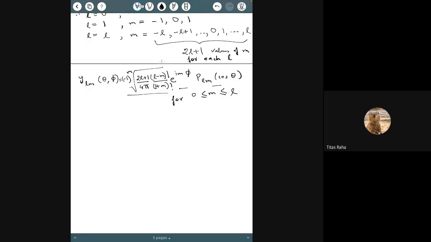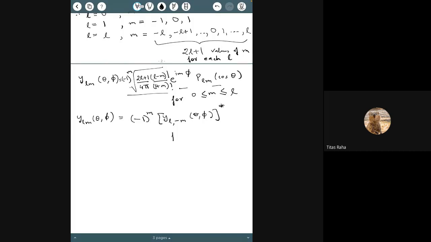And the overall function, so this is the function when m is positive, from 0 to L, and if m is negative, then your solution is Y L minus m theta phi, and you take a complex conjugate for m less than 0.